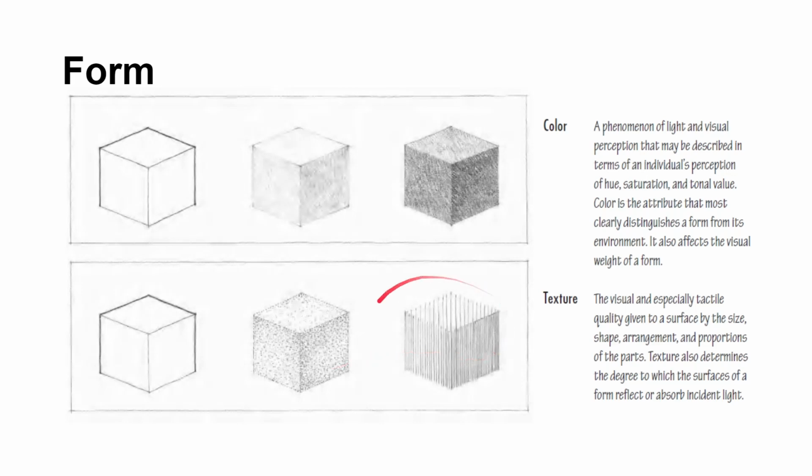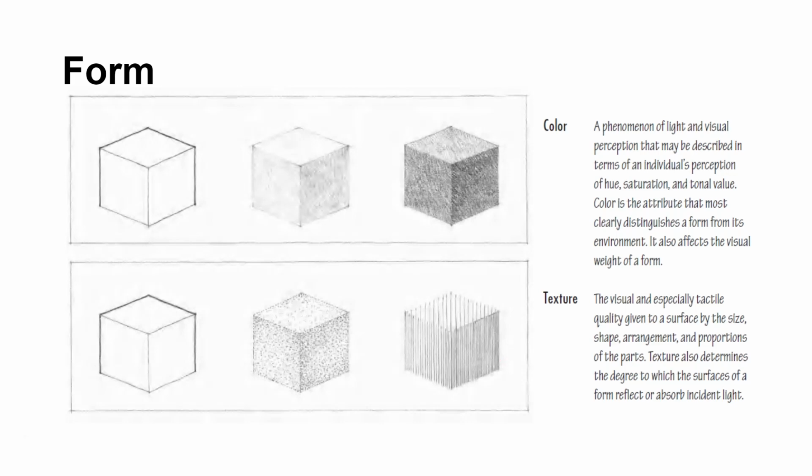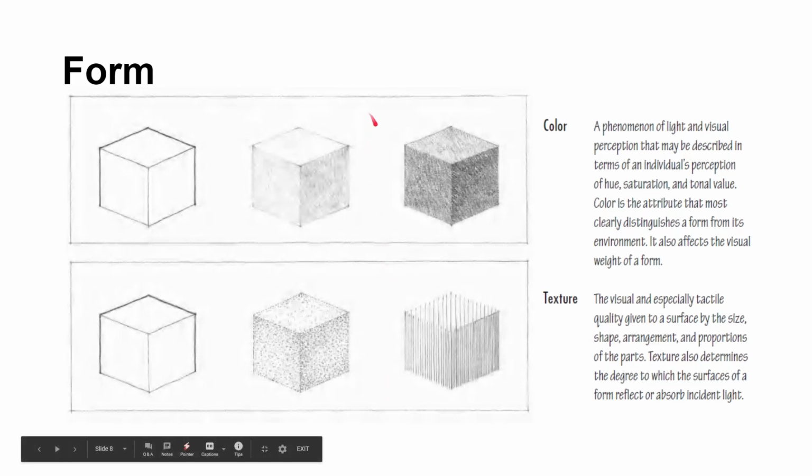On your third cube, you have a row of linear points or lines to indicate the texture of the cube. Given we have a source of light coming from the left corner, it will be reflected in this manner.